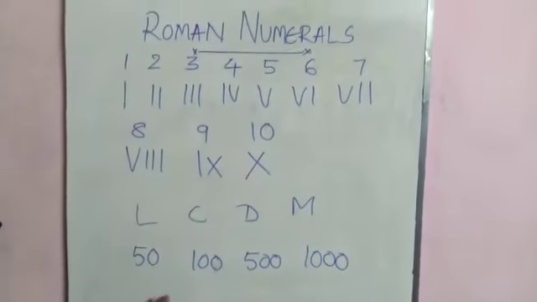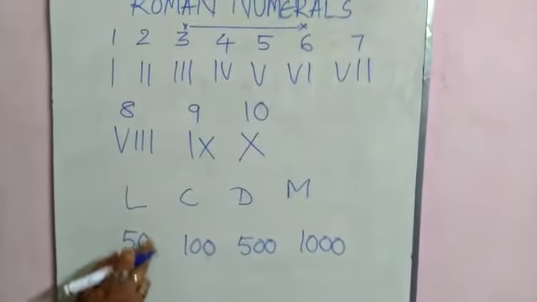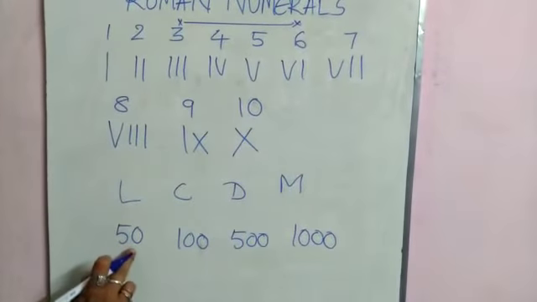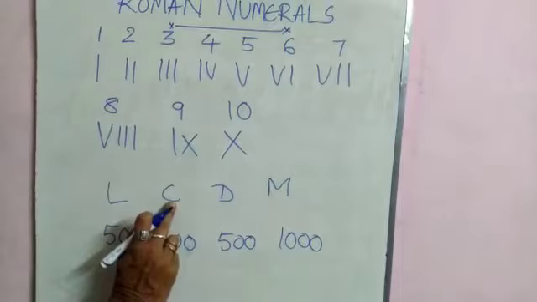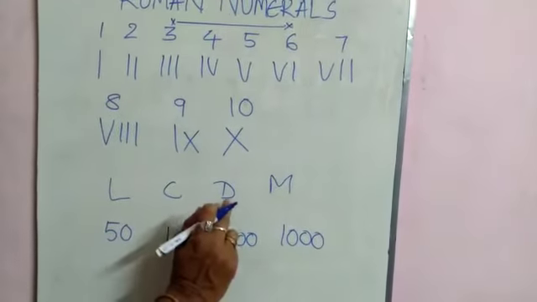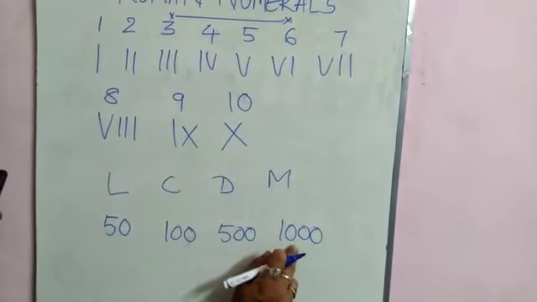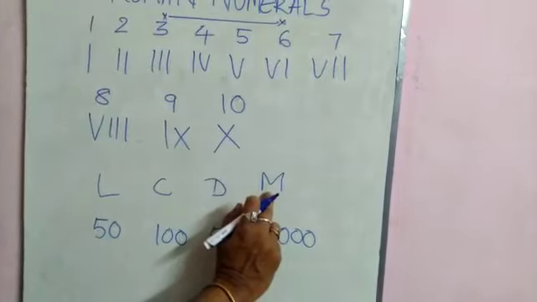I repeat, 50 is denoted by the letter L, 100 is denoted by C, 500 is denoted by D and 1000 is denoted by M.